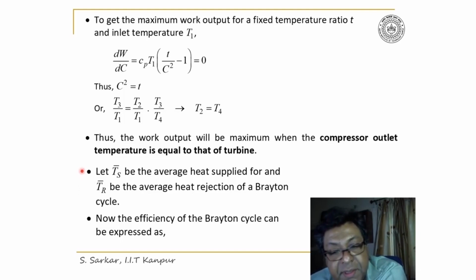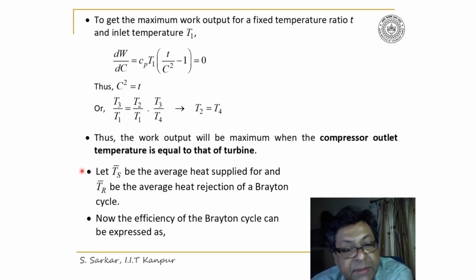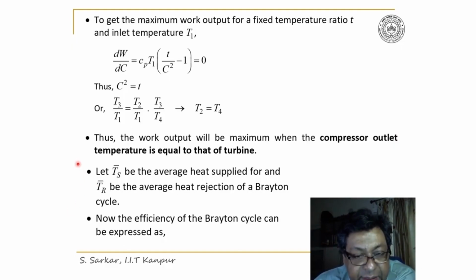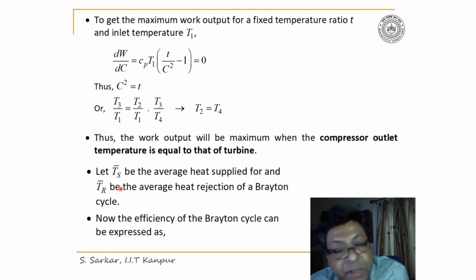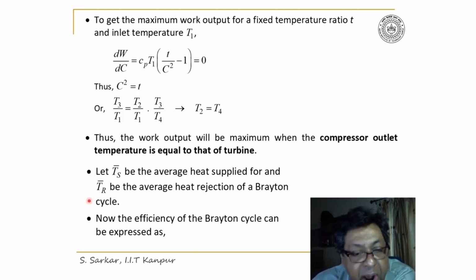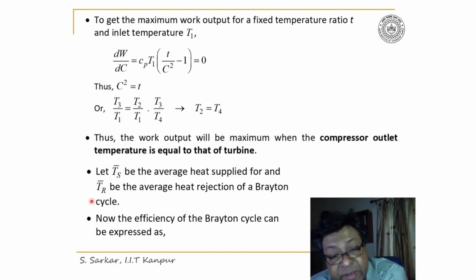Furthermore, let us consider T bar S to be the average temperature of heat supplied to the cycle, and T bar R to be the average heat rejection temperature of the Brayton cycle.